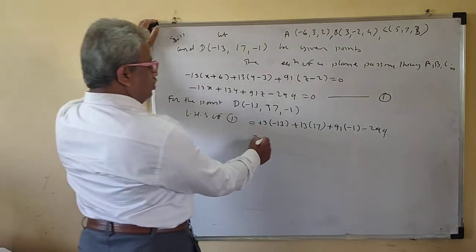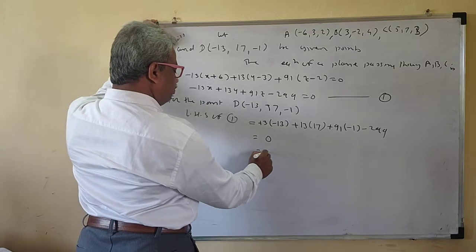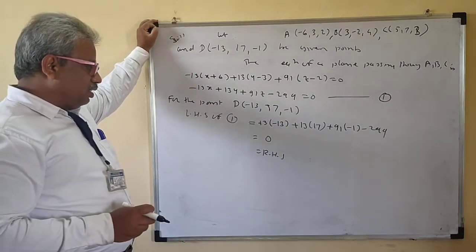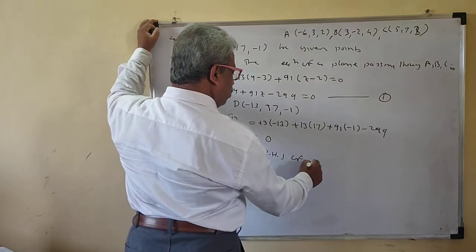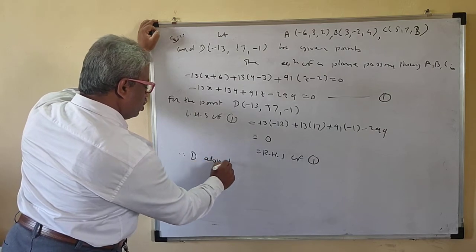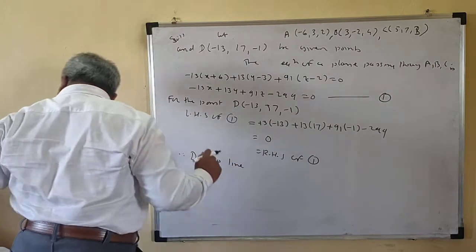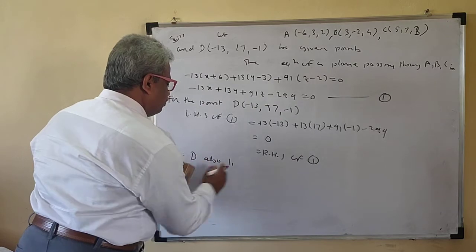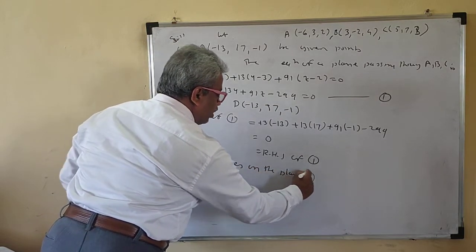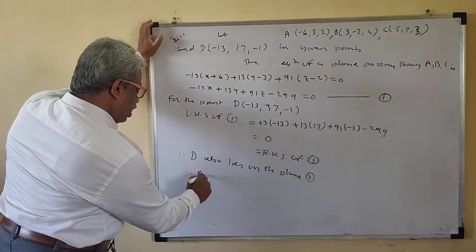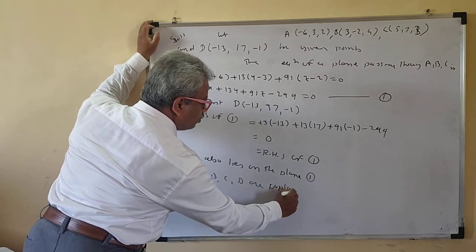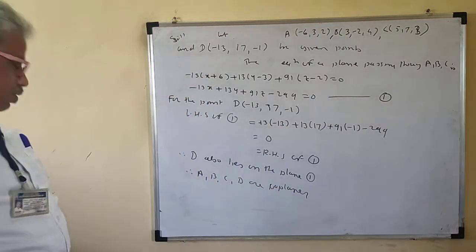You can check, this is 0. You do this product and you see that this is 0, which is the RHS of equation 1. Therefore D also lies on the plane 1. Therefore A, B, C, D are coplanar. So the problem is over.